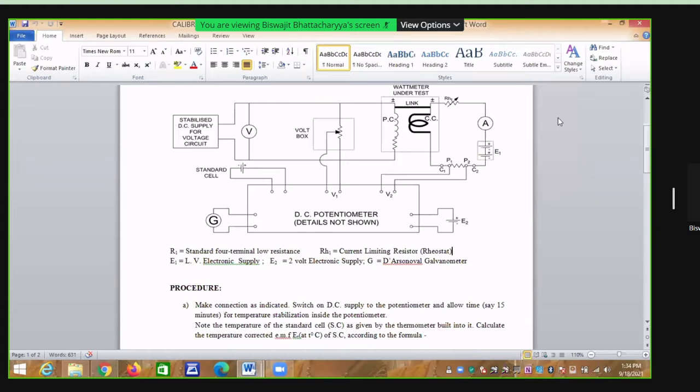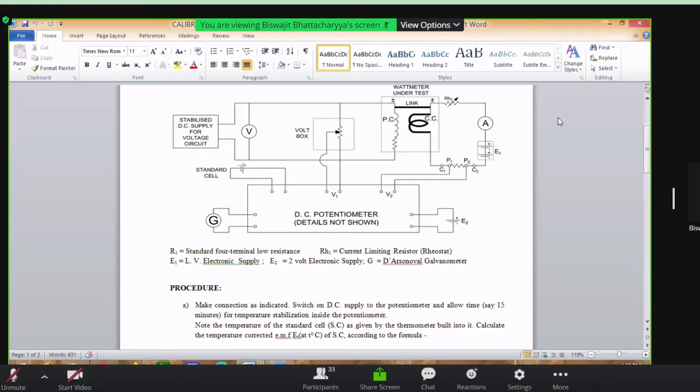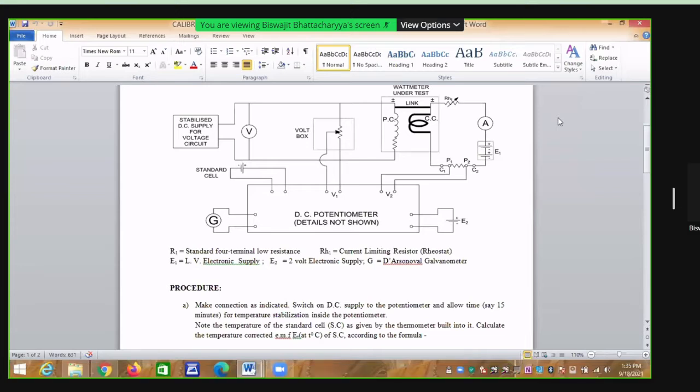So it means our deflecting torque will be either reduced or enhanced, depending on the direction. Ultimately, the original deflecting torque is not available because of the newly generated electrostatic force.